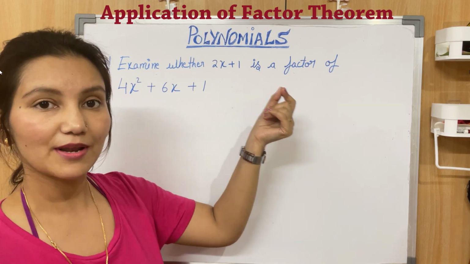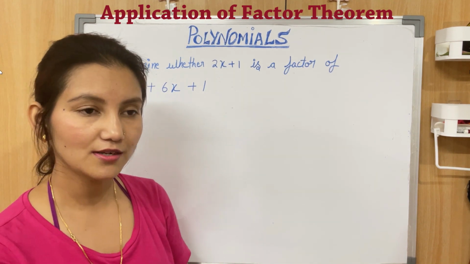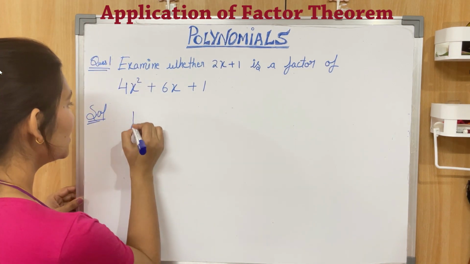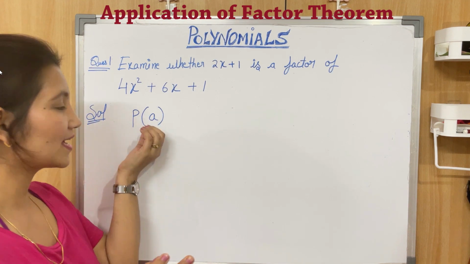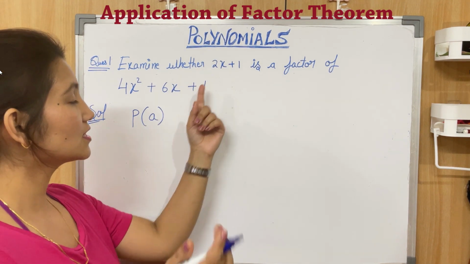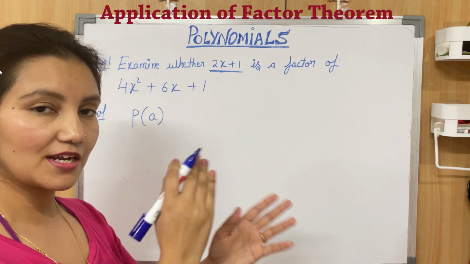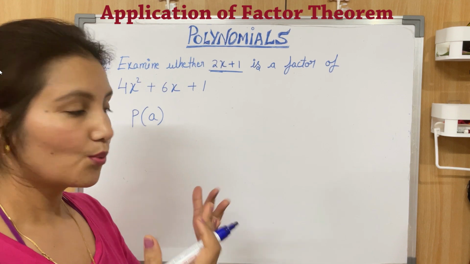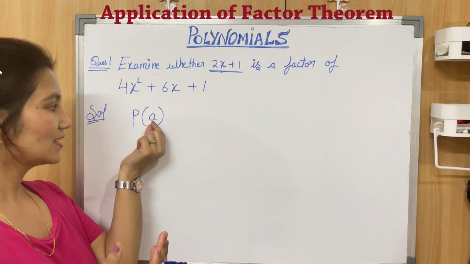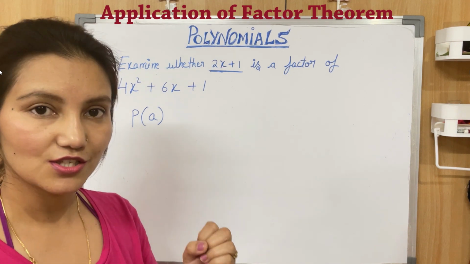Simply we'll find out P of a, but we don't know what to replace a with, because it is 2x plus 1. It's not like the previous case, where it was x plus 2. Now we are confused what we should replace a with. So what to do in such situations?